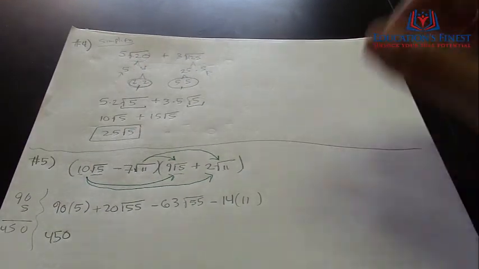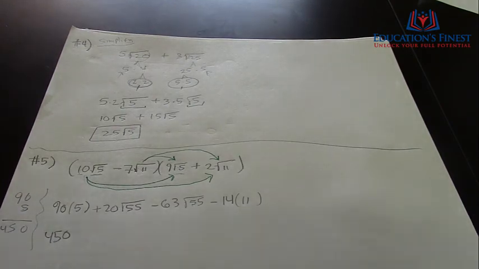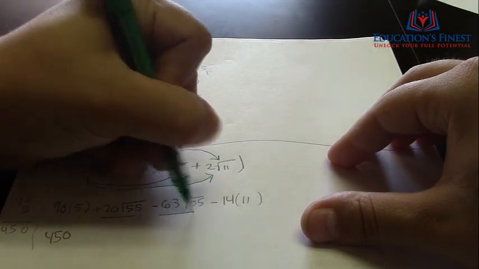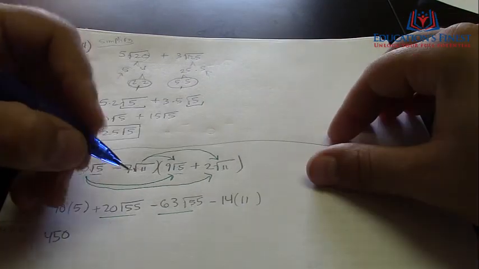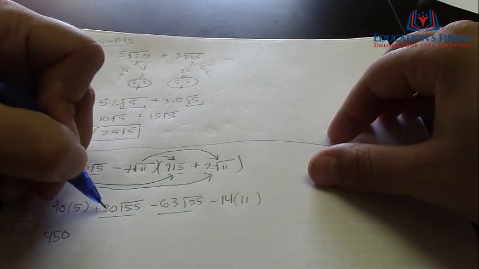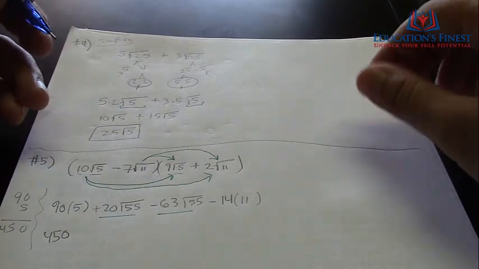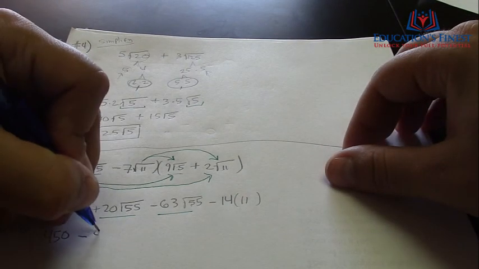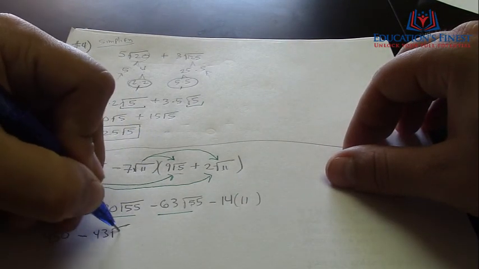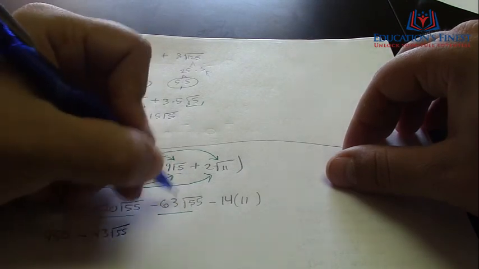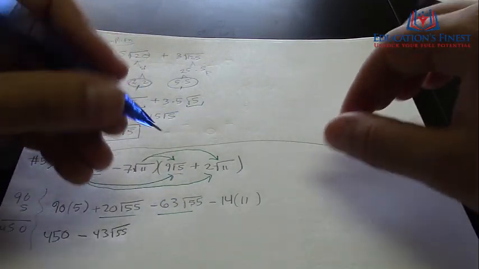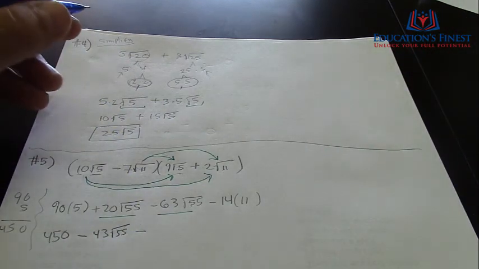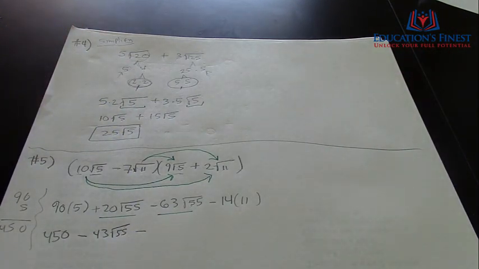So now, these guys are like terms. So you're just going to basically do the numbers. So 20 minus 63 is going to be, what is that, negative 43, and then you just carry the root because they're like terms. Now, you have negative 14 times 11.